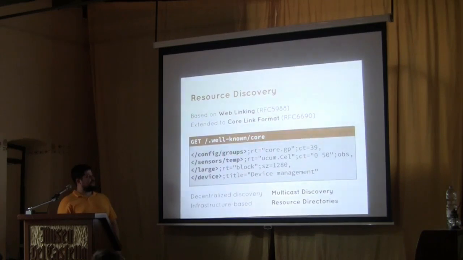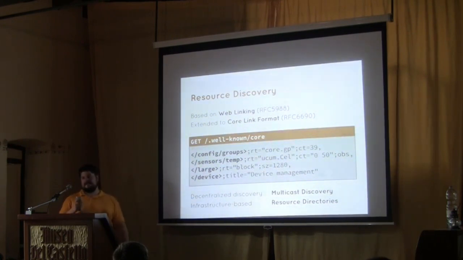For instance, you can give a resource type, some kind of shortcut so that you know what you will be dealing with. You can give the content type. It's this number, so we also have numbers for the content type. There's a registry to not have these long strings to say application XML plus something or the other way around.